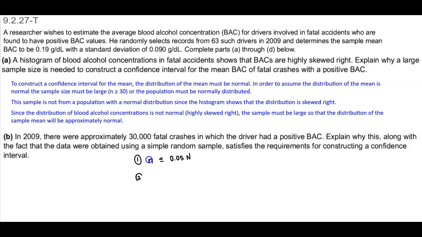Okay, so we know that the lowercase n is the sample size, which is 63. And we know that the population that's given here is 30,000. So if we take n, which is 63, we want to make sure it's going to be less than 0.05 of 30,000.